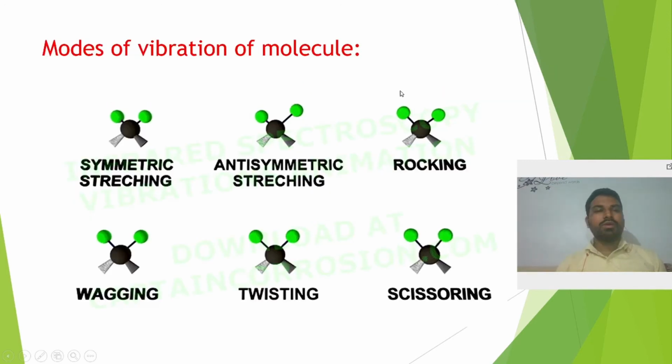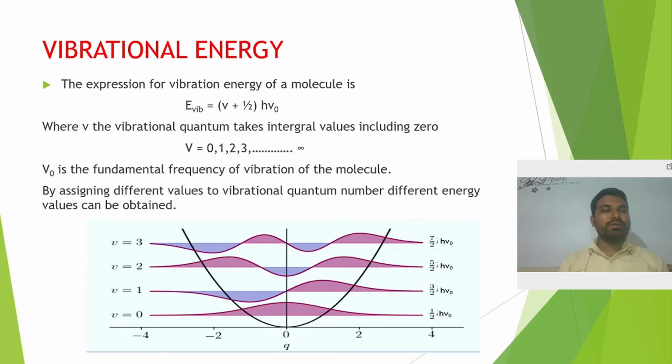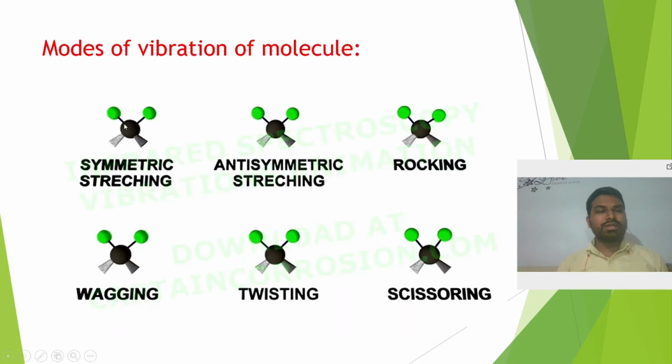Now these are the modes of vibration. This is the symmetric stretching, where the molecule stretches symmetrically. This is anti-symmetric stretching. This is irregular stretching. This is rocking, where the molecule moves in one direction and then in another. This is wagging.